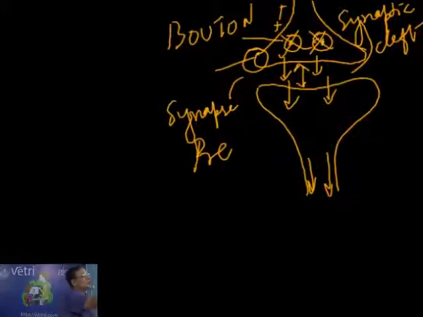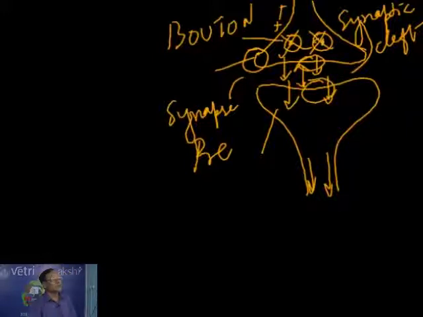This is also called the presynaptic neuron terminal, and this is the post-synaptic membrane or post-synaptic terminal. This is the post-synaptic neuron, and this is the presynaptic neuron.